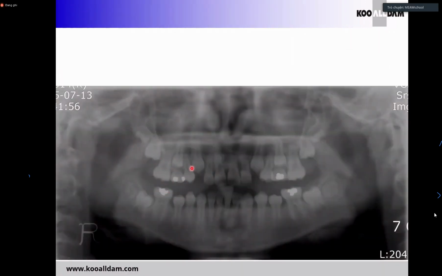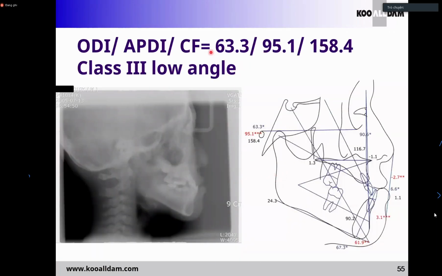This patient is at the end of Hellman dental 3B stage. ODI 63, APDI 95, class 3 low angle case. How about the profile? We can see the protrusive lip and slightly posteriorly positioned maxilla.